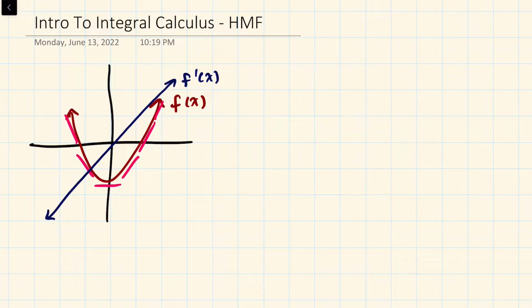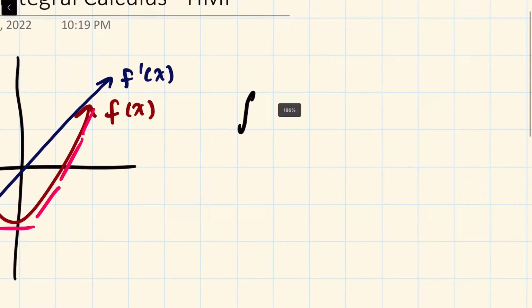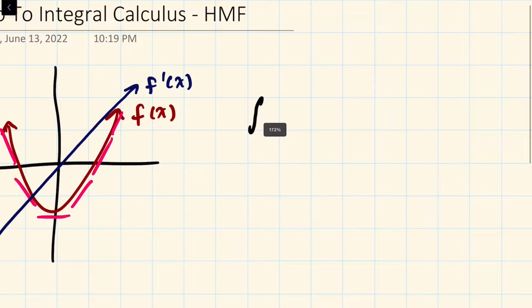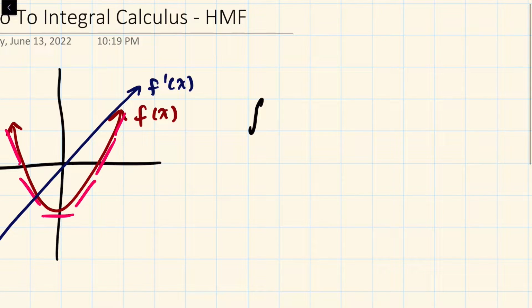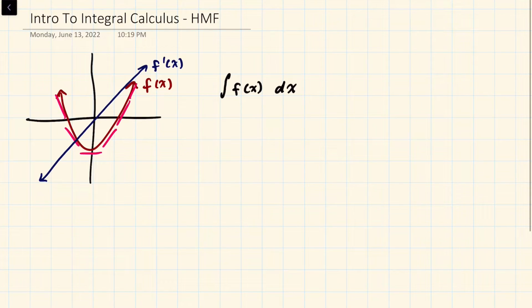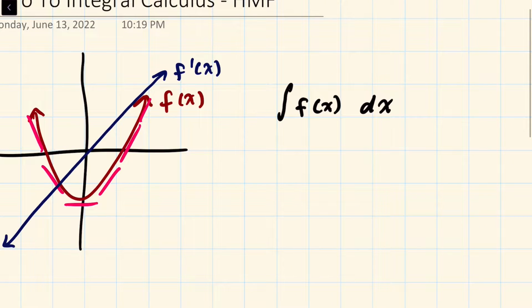The integral, with its funny looking S for sum. The integral of f of x dx, because we've differentiated in terms of x, is kind of like the opposite of that. Say you take a definite integral.